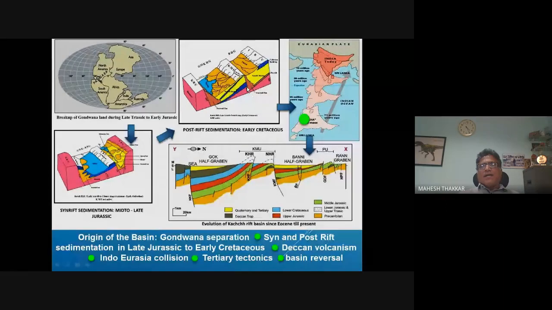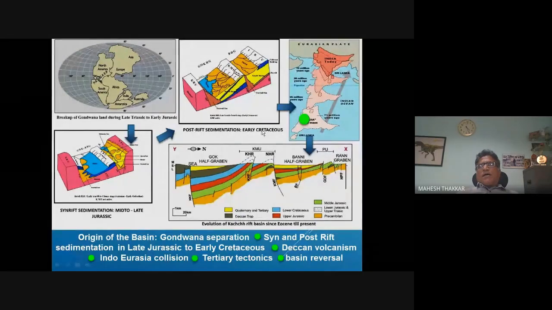So in the post-rift sedimentation, the reactivation of the faults as well as the sedimentation were working together.